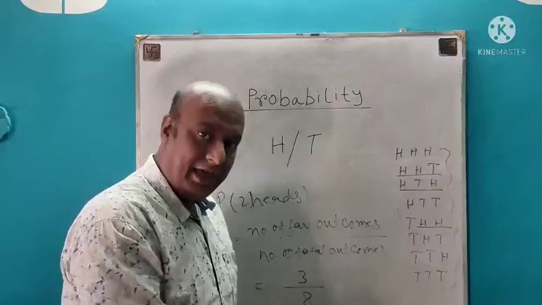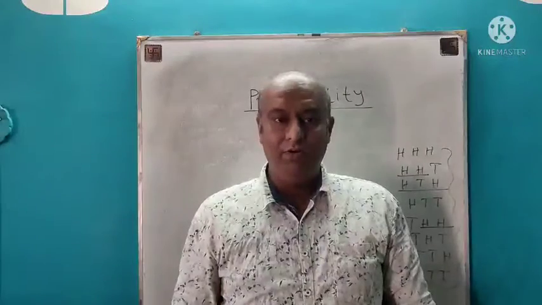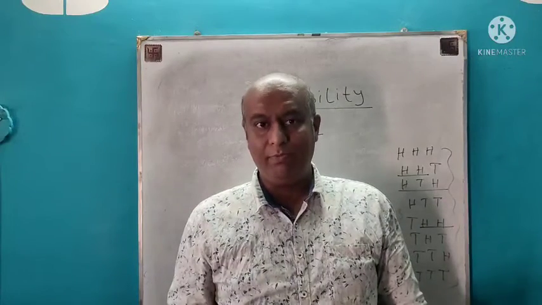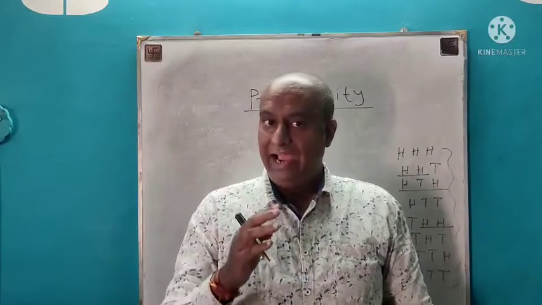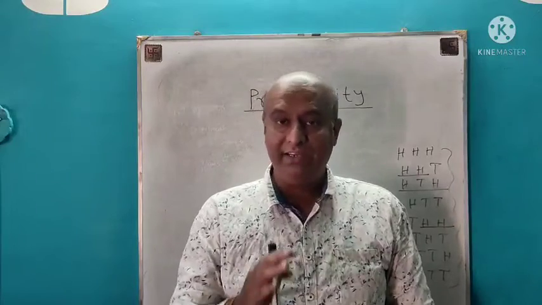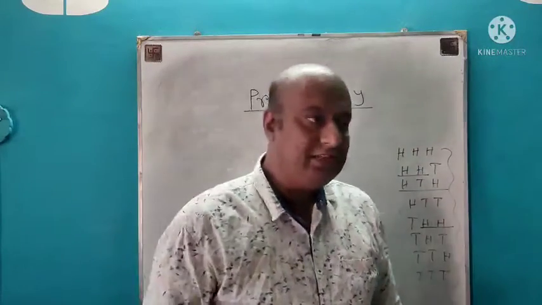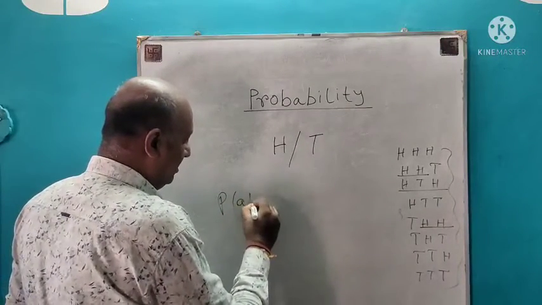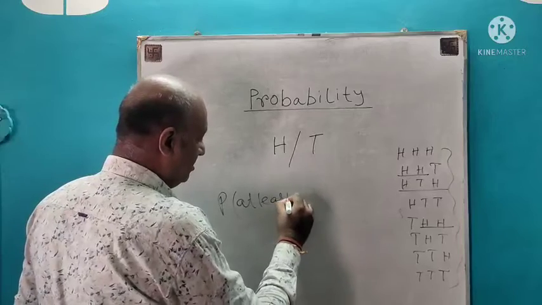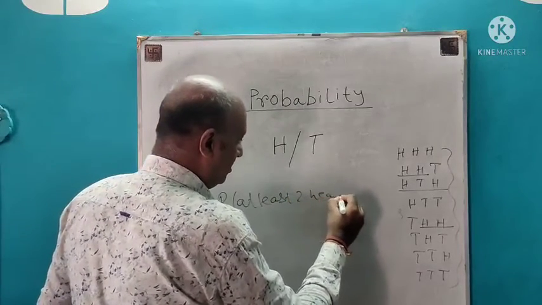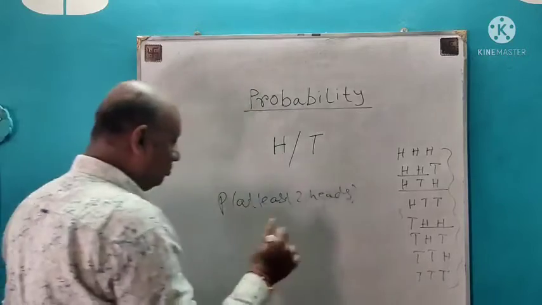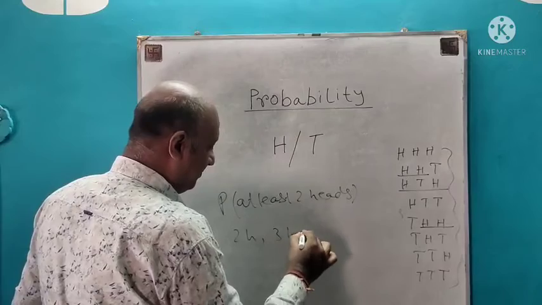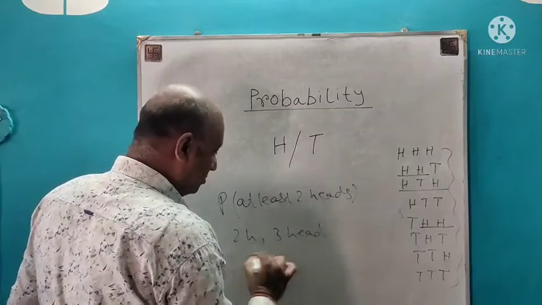Now within the same sum, if I have to calculate the probability of getting at least 2 heads: at least 2 heads means we can get 2 heads or more, so 2 heads or 3 heads.